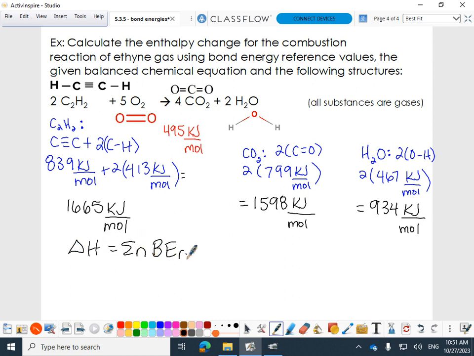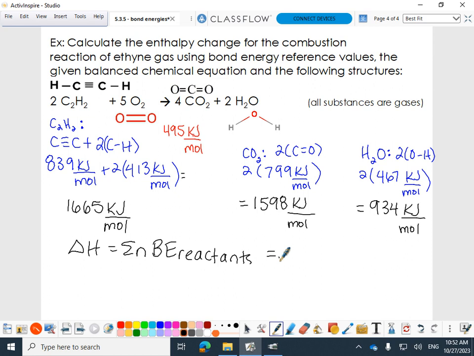So now I'm ready to do this relationship. I have figured out in each reactant and in each product how much energy is inside the bonds. Now I can take into consideration what's happening in this reaction. What is the coefficient? So I have 2 times the amount of one bond energy if it was just one molecule, but I'm going to now take into account the coefficient.